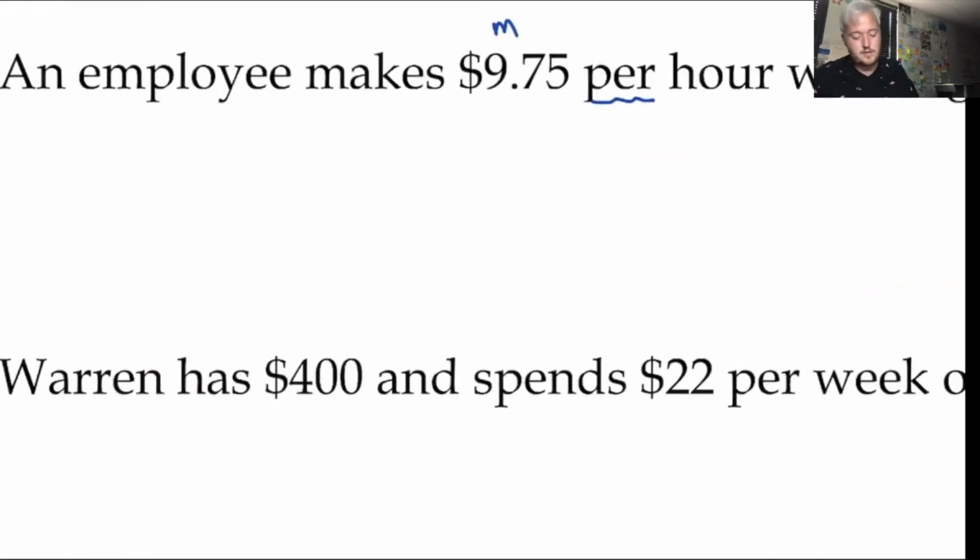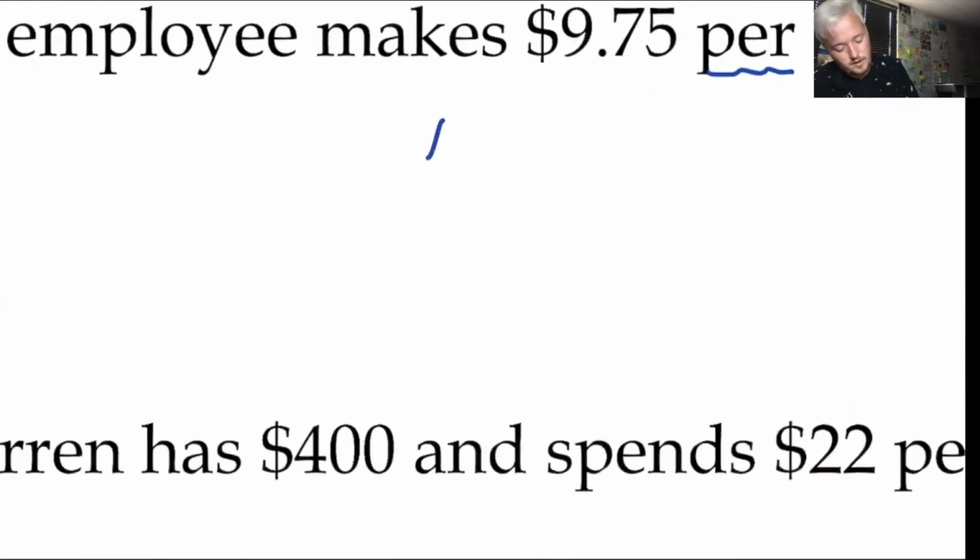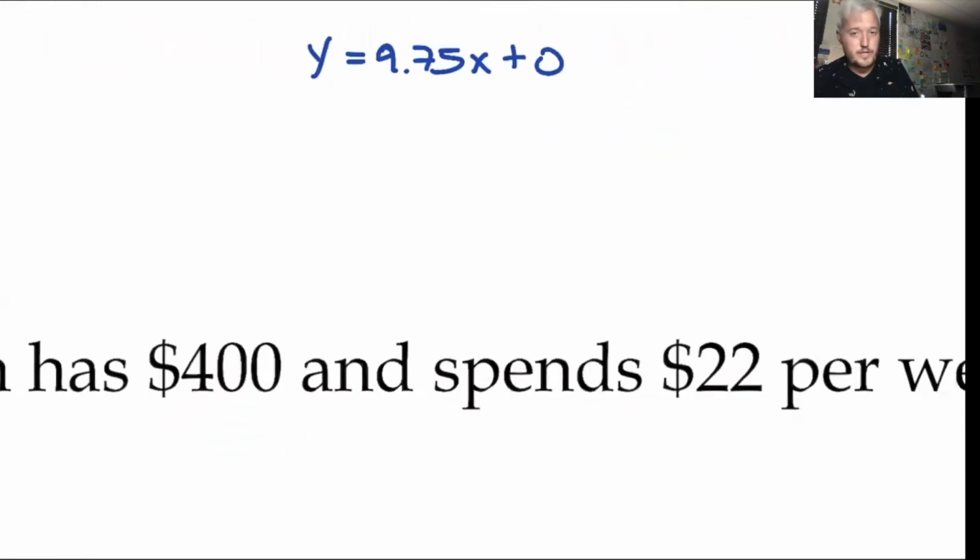So in this case, if we don't have an initial value, your initial value is just 0. So you have y equals 9.75x plus 0. When you're writing your equation, you don't need that plus 0. So it would just be 9.75x.